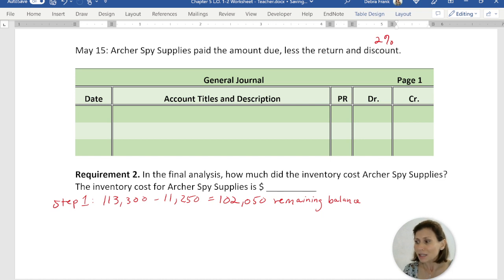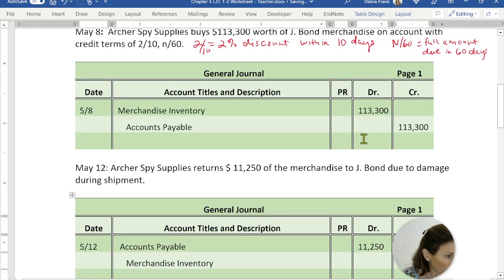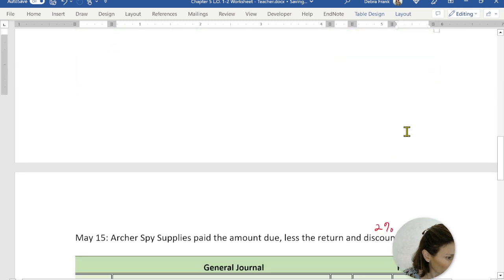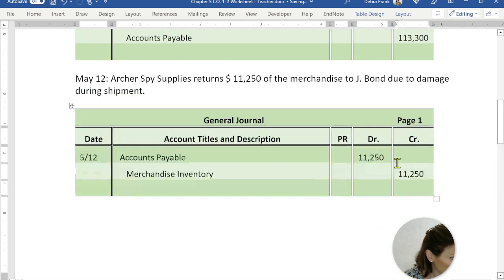You know what? Let's do a T account to make sense of that too, because I know I did the math for it, but let's actually do a real legit T account too. All right, so if we scrolled up, we would have seen here that we had accounts payable for 113,300 for the credit. So let's go ahead and do that. And then we had a debit for 11,250.